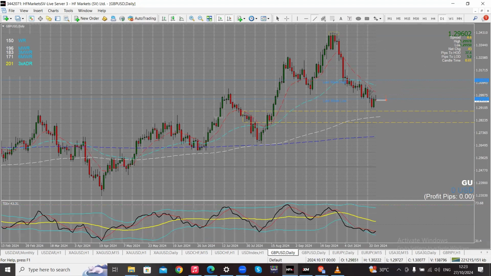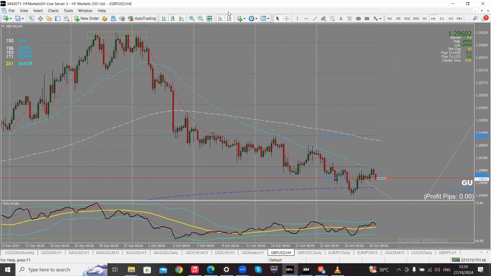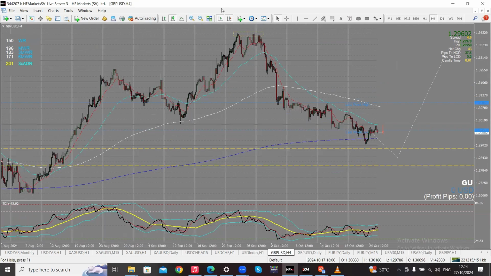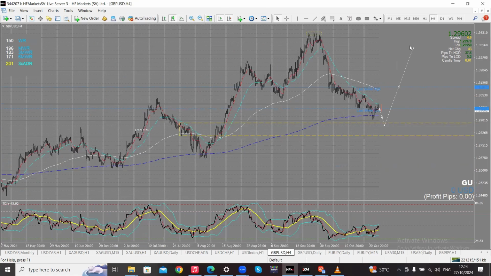Of course, there is room that this pair would likely come into this area and likely move back up. That is as far as the daily. From a 4-hour perspective, we are actually very close now, and this is exactly the move that I think would happen from a daily perspective.